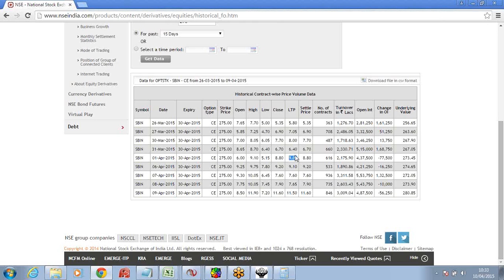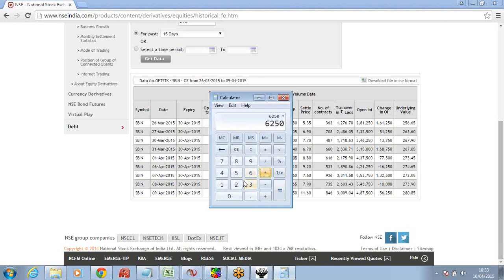So 9 rupees I bought this call option. So 9 into 1250 is your lot. So your investment was something like 11,250 rupees.